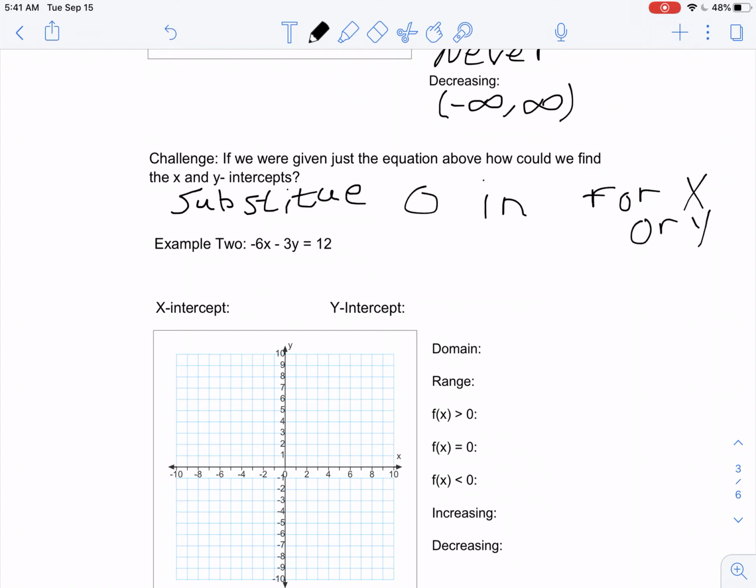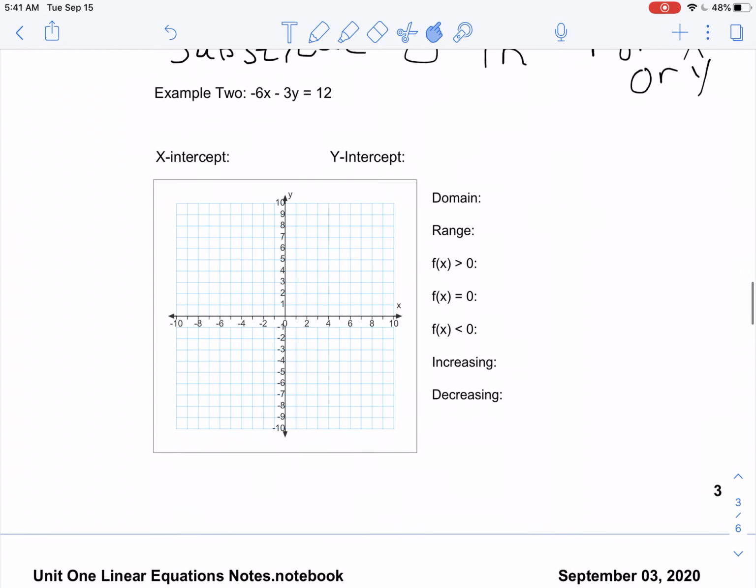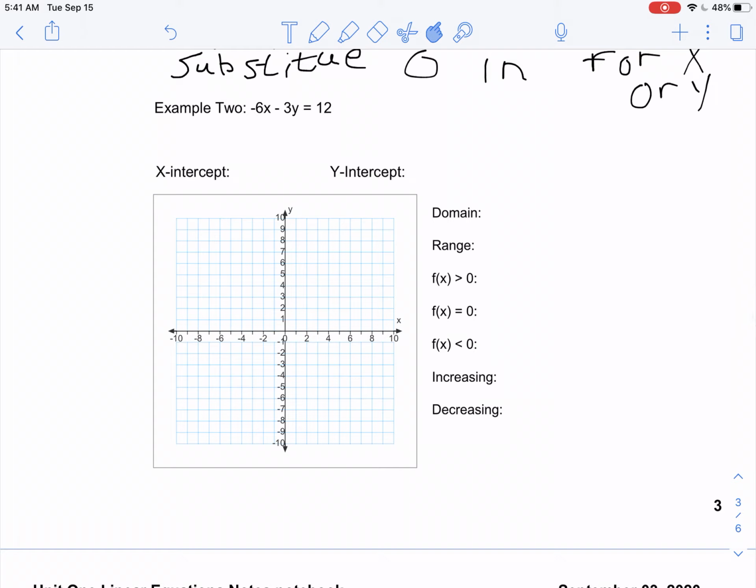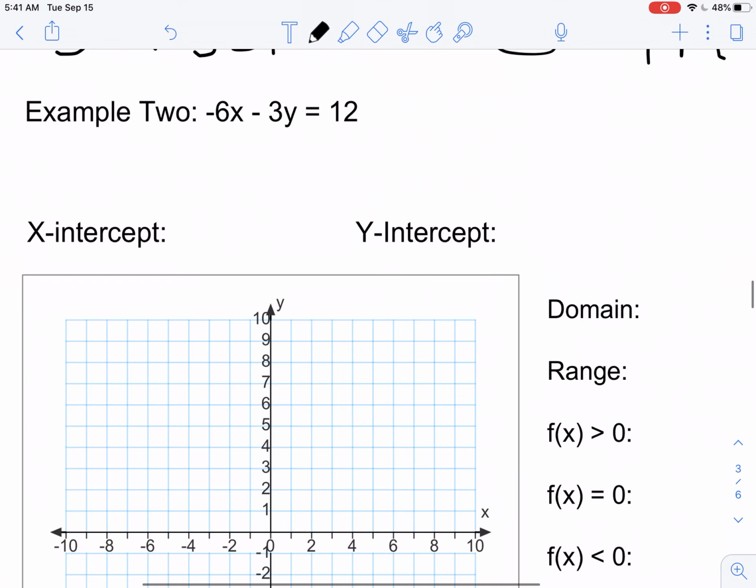So what we're going to do now is solve this second example problem. We're going to do it the same way. The first step is we need to get it in y equals mx plus b form. So in order to do that, zoom in a little bit. We need to get y by itself, so we're going to have to add 6x to both sides. Add 6x.